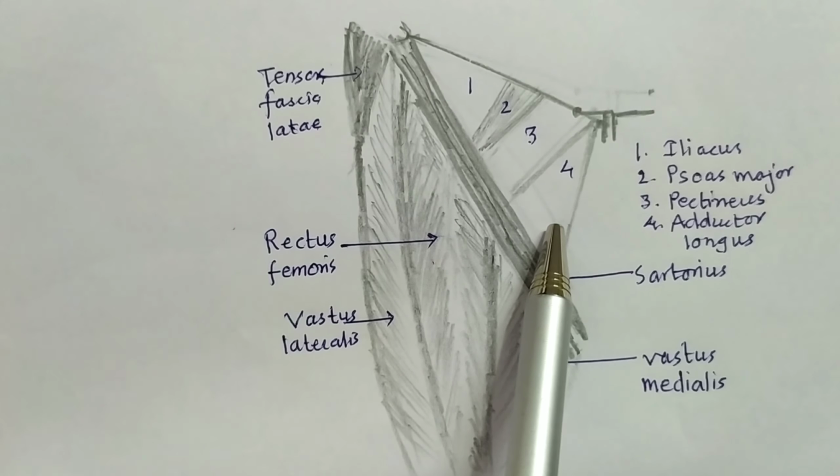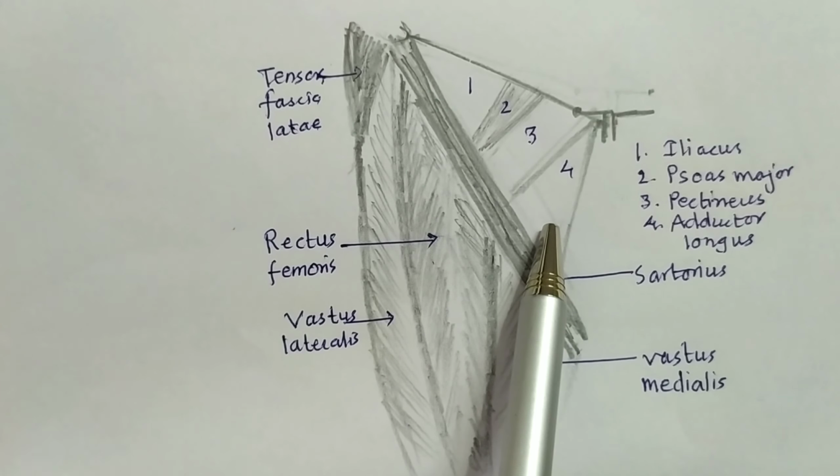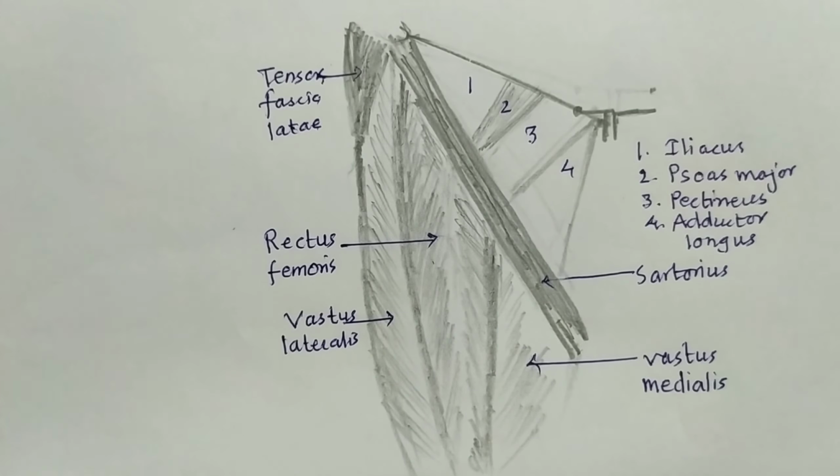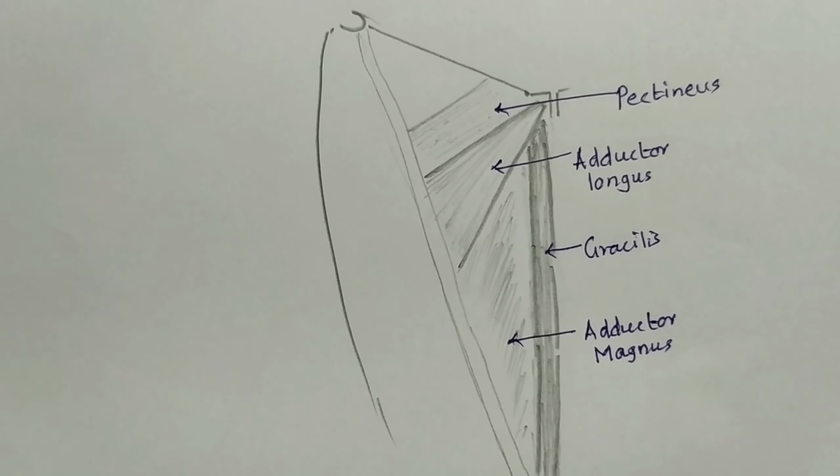The adductor longus belongs to the adductor compartment, and it is supplied by anterior division of obturator nerve. The anterior compartment is the extensor compartment, and nerve of this compartment is femoral nerve.